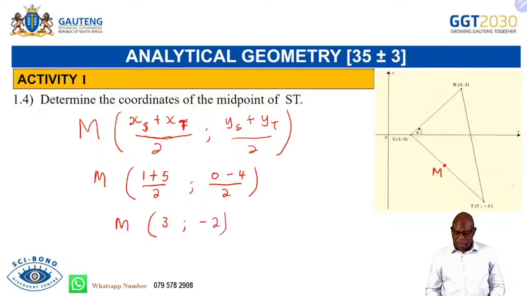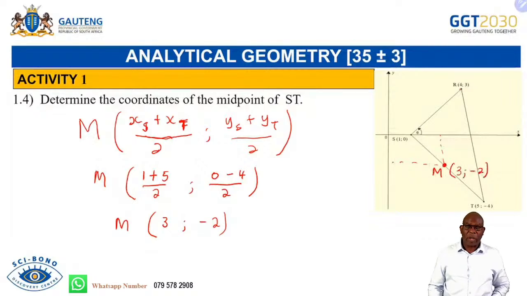I must go and check if that answer might be correct. So I know that if x is 3, it will be somewhere here. I know somewhere there will be 4. So y is minus 2 will be somewhere there. So I'll have that point here. My point there is going to be (3; minus 2). All right. So I'll have that as my final answer.